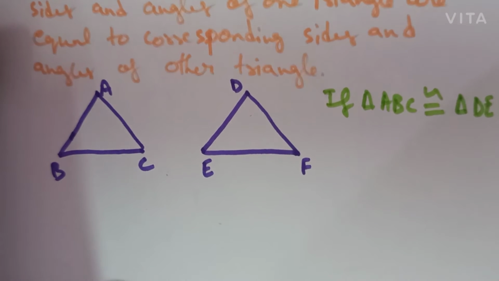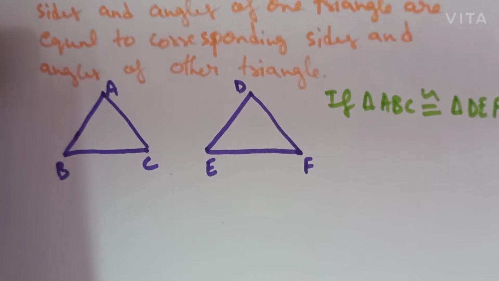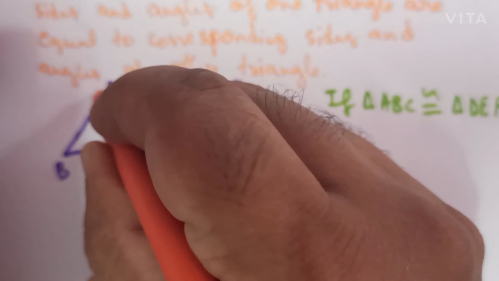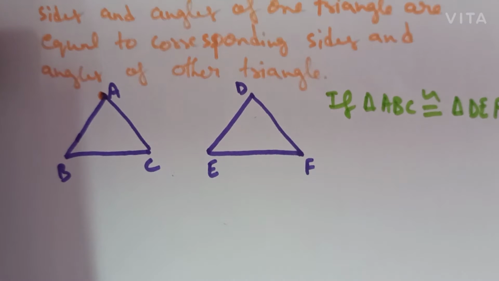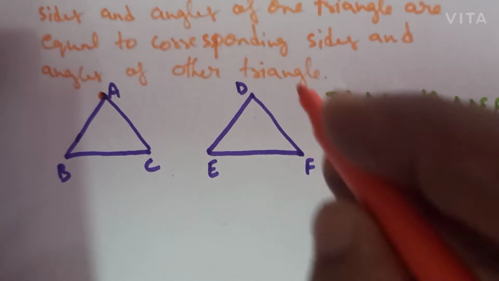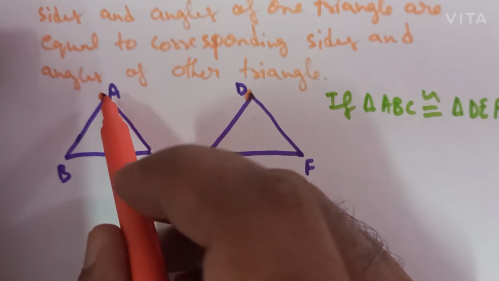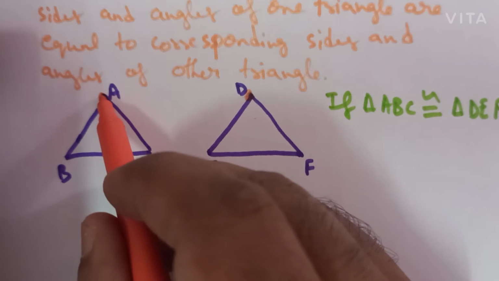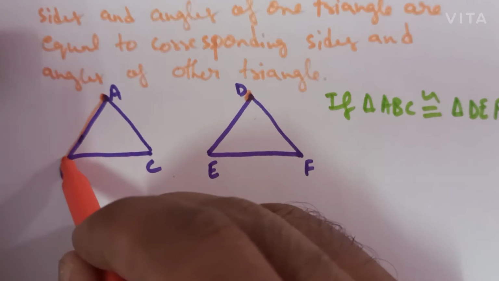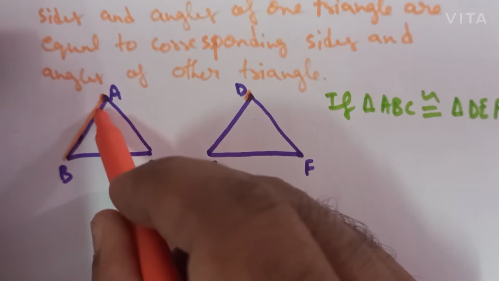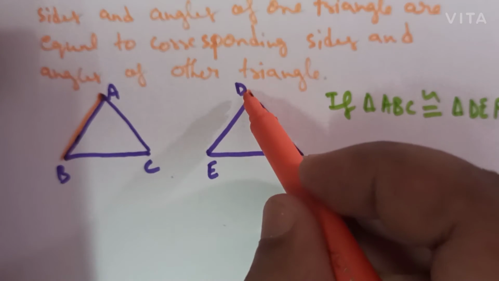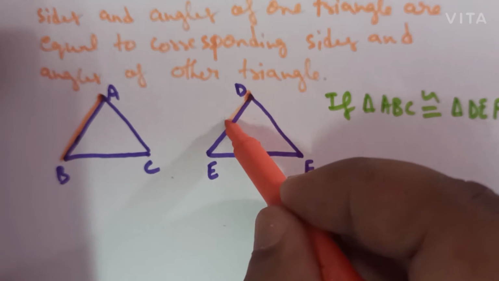It means, if we start from vertex A in triangle ABC, and from vertex D in triangle DEF, and we move from vertex A to vertex B, this is side AB, and similarly we move from D to E, so side DE.